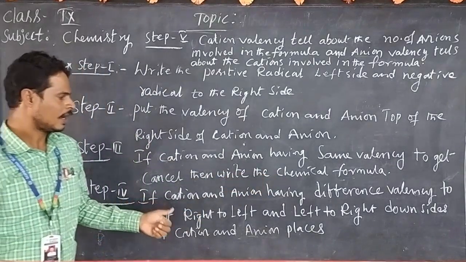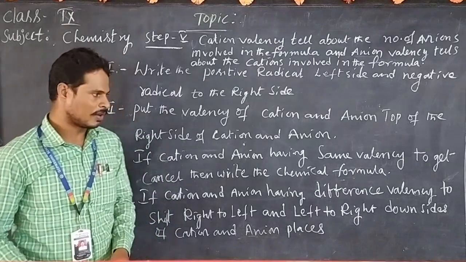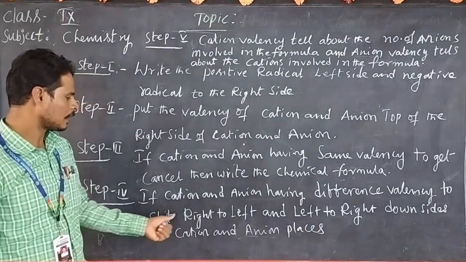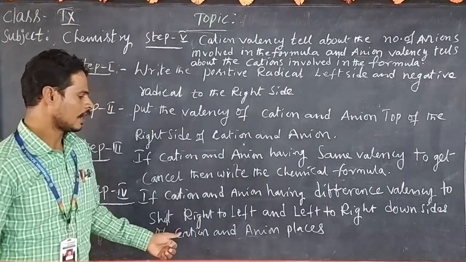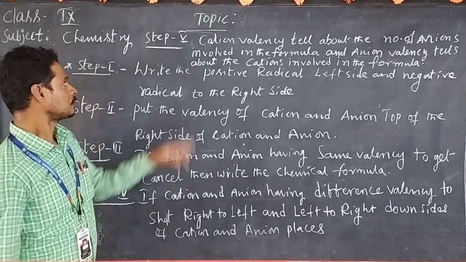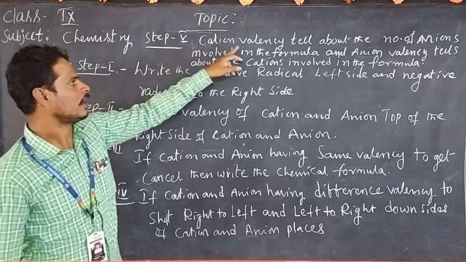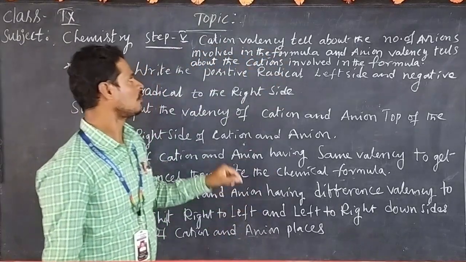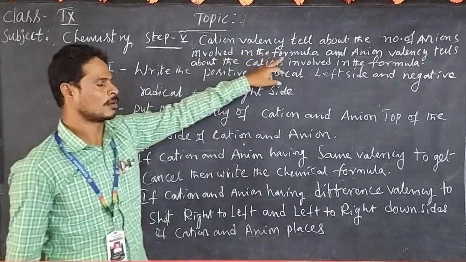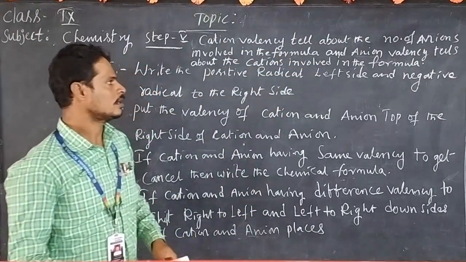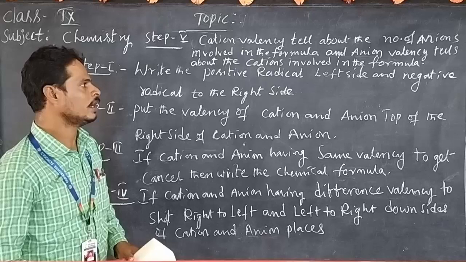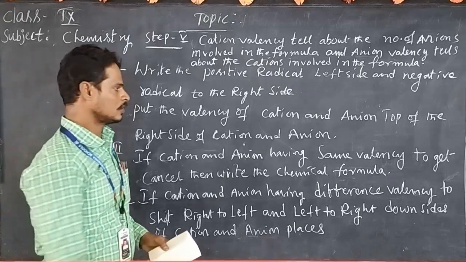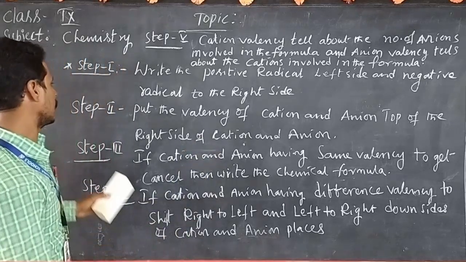Step 4, if cation and anion have different valency, shift right to left and left to right, downside of the cation and anion places. Next step 5. Cation valency tells about the number of anions involved in the formula and anion valency tells about the cations involved in the formula. So these all are very important steps.